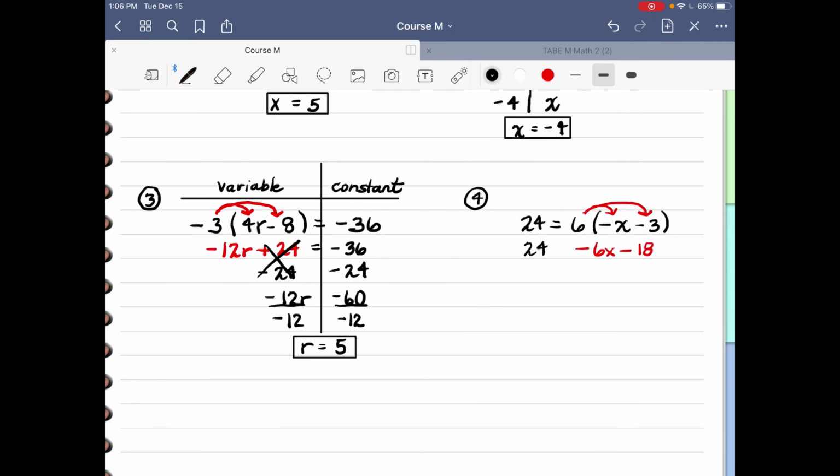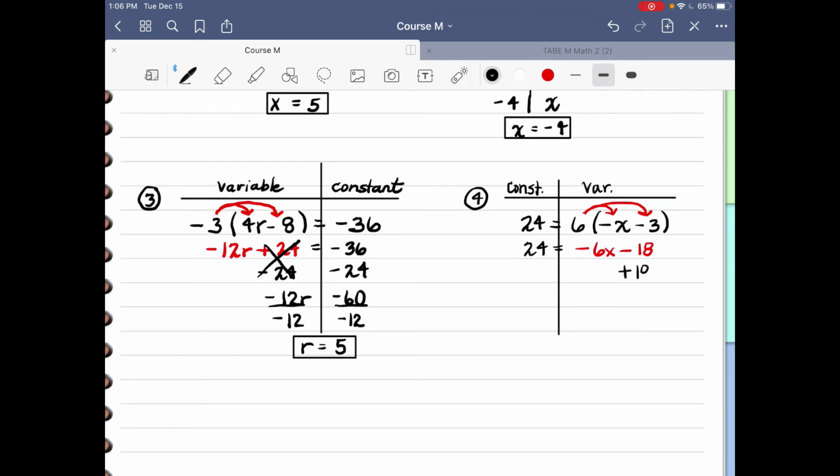And then copy. Draw the power T. And I have a constant on the left, a variable on the right.